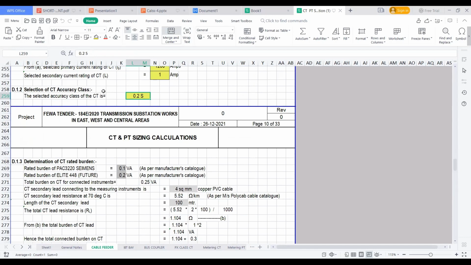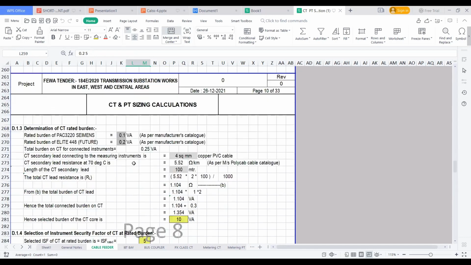The next thing, as I told, is that we have to calculate the burden. I am calculating the burden from the catalogs. I found that Siemens has a burden of 0.1, and the total connected burden for the CT from the relays is 0.25 VA. Then there is the cable.